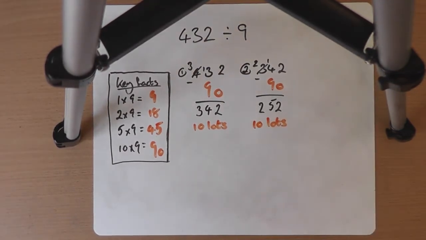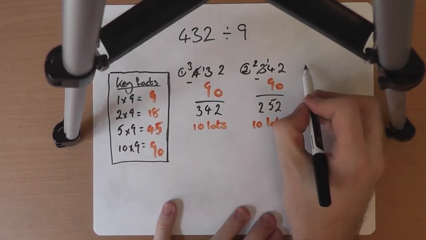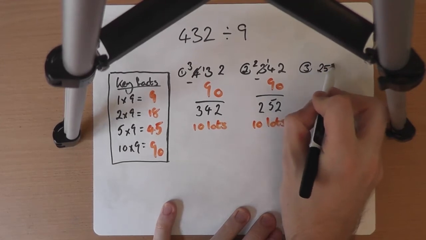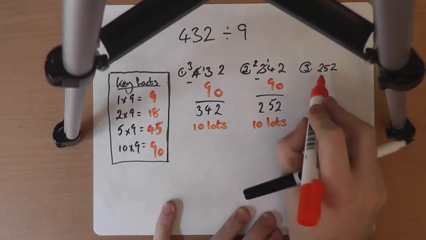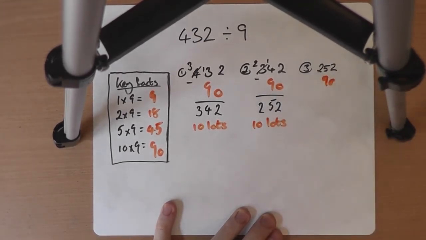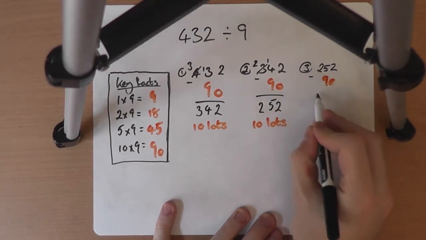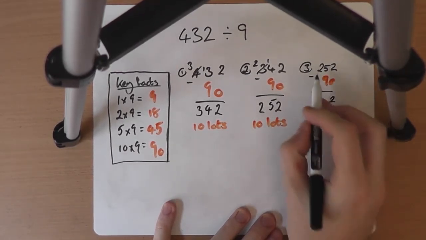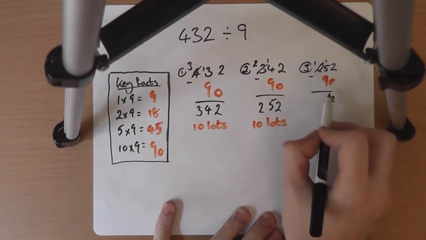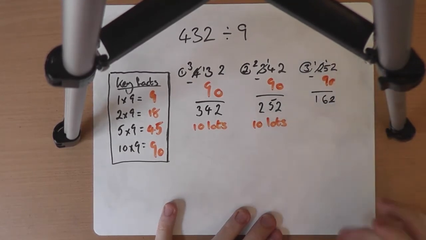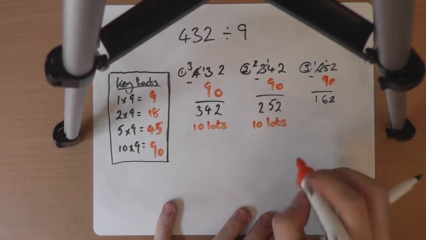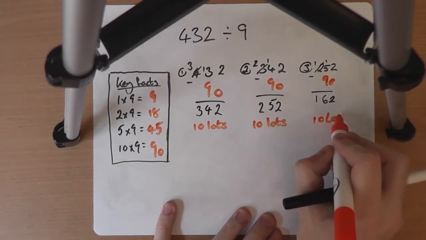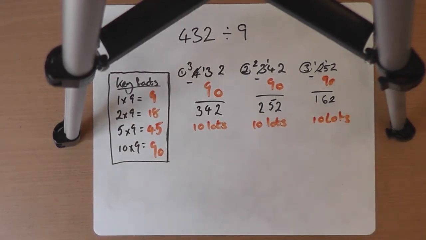We've still got some stuff left. We could in fact take another 90 away, so let's do that. 252, take away another 90. Another 10 lots gone. We've still got some stuff left.